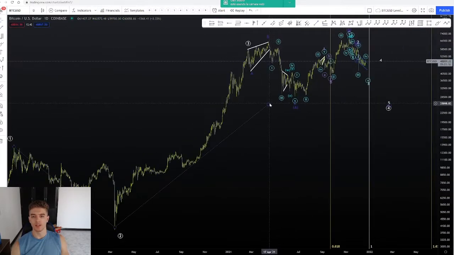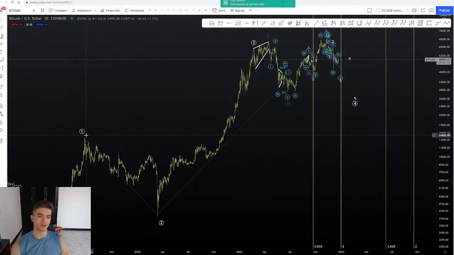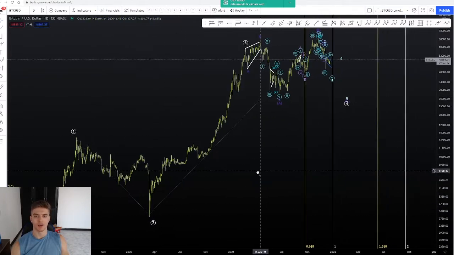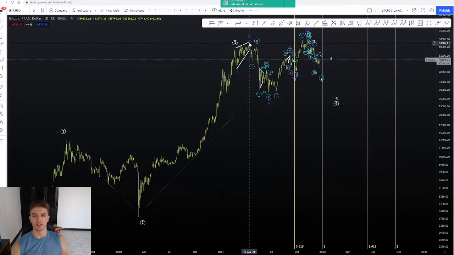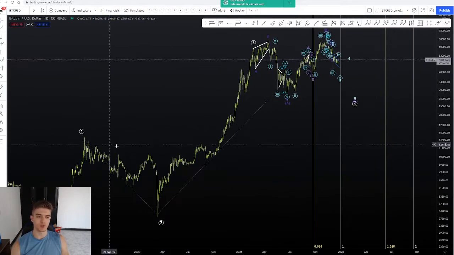Then if we compare the length of wave 2 in time to the end of this peak, we're coming into this 1-to-1 extension, which is basically saying that we're taking the exact same time that it took to complete this wave 2 from this peak, and that would be coming in around the end of December, so December 31st.